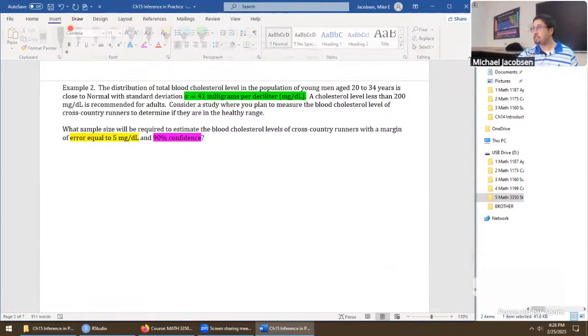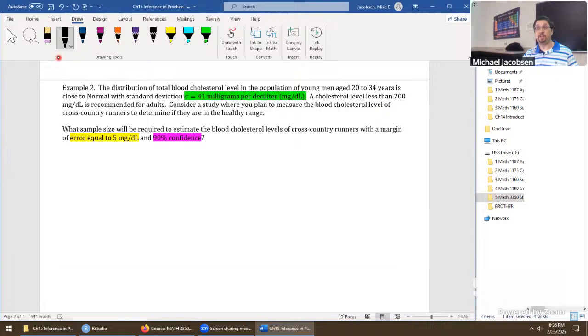Next thing we'll do is just drop in the formula and put in the values we need. So n will be z star times sigma, divide by m and square it. So this computation is actually pretty fast, but there's some stuff here that's missing. For example, I don't know z star, but we do know the confidence level.